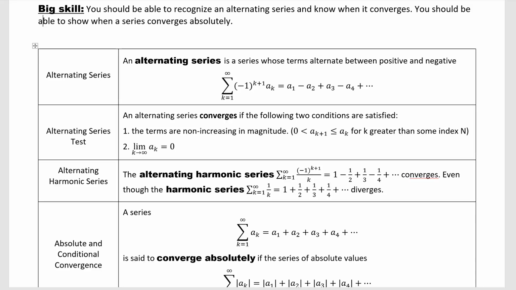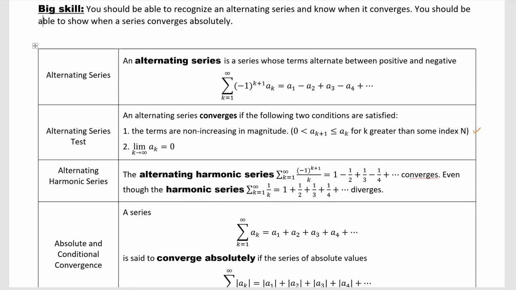When we talk about whether a series converges or diverges, we care about the tail. Maybe for the first couple of terms, it does not satisfy this condition, but as long as eventually the terms are non-increasing, then we're good. And the second condition is the limit of a sub k goes to 0.